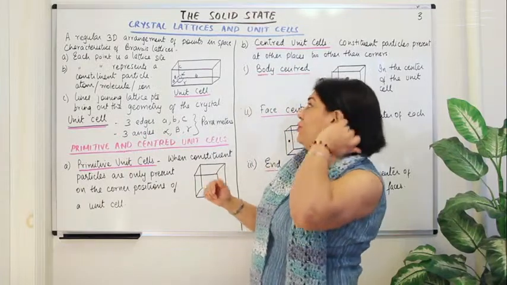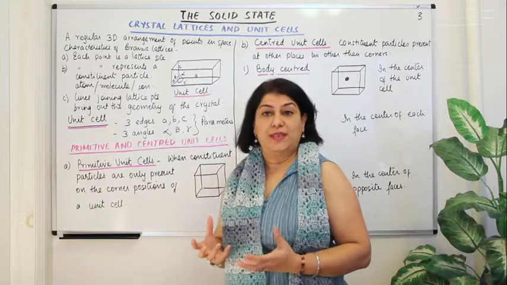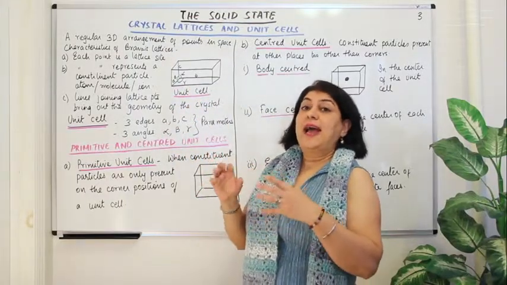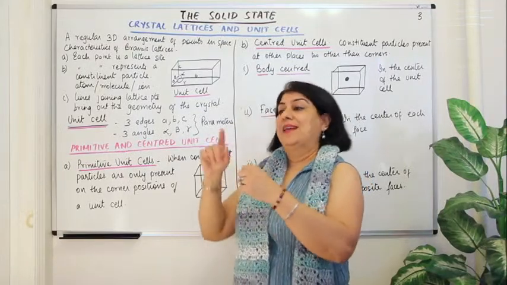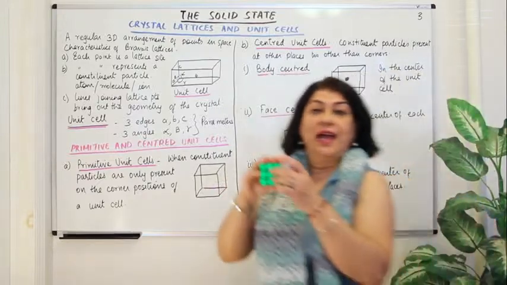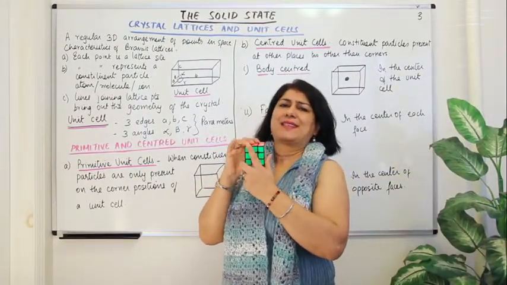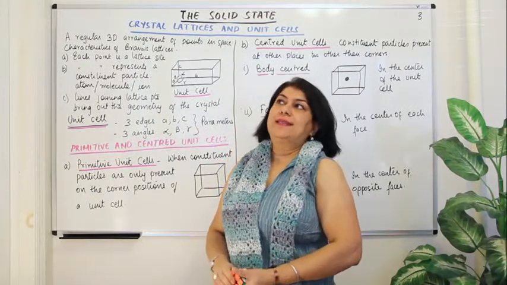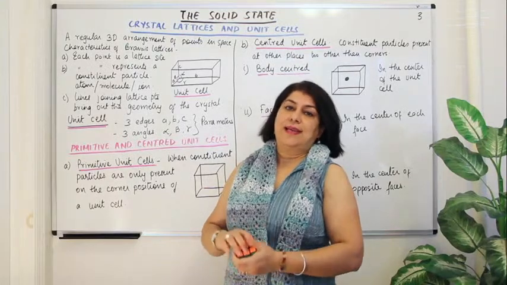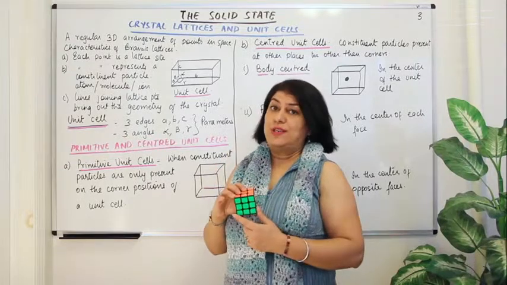Now, if you take a unit cell, how do you describe it? In order to study these unit cells, you would use the cube or cuboid, whatever it is, and you would have to describe its length, its breadth, and its height. If I have a cube and I have to describe it to you, what will I tell you? How can I describe a cube without showing it to you? It is an object whose length is, let us say, 2 inches, breadth is also 2 inches, and height is also 2 inches.